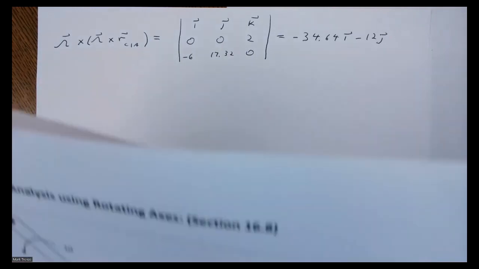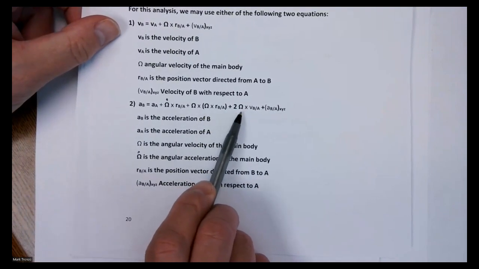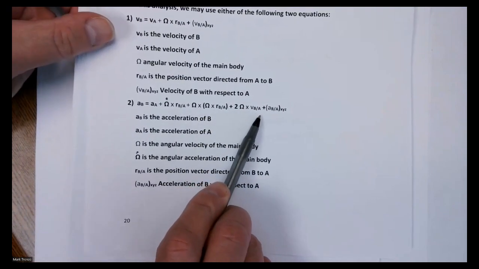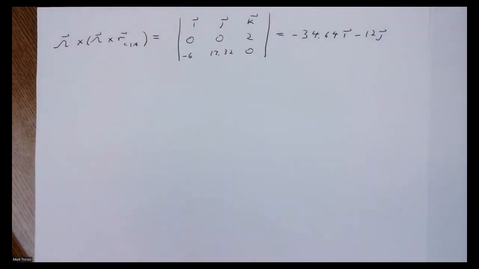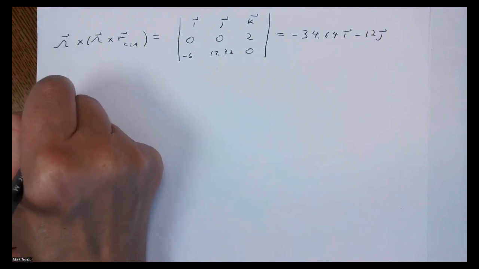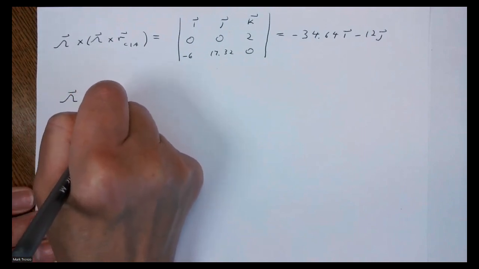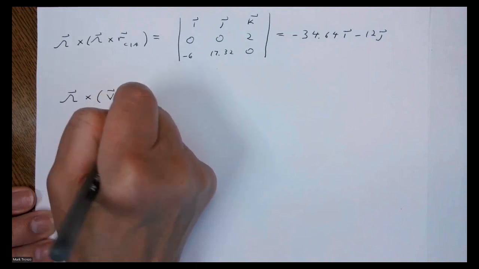Then we're going to also need this value here, omega cross VBA. Now, in this case, it's going to be VCA.